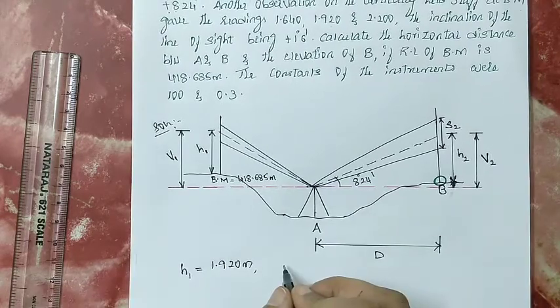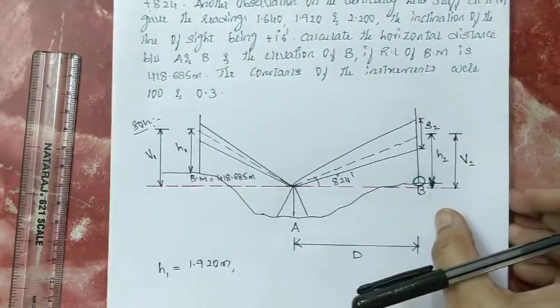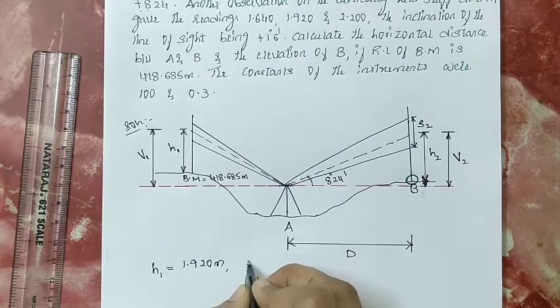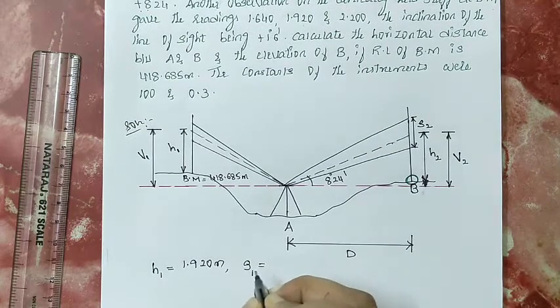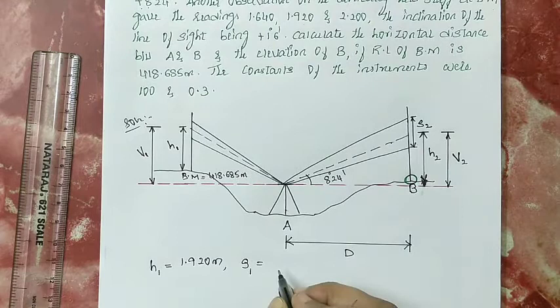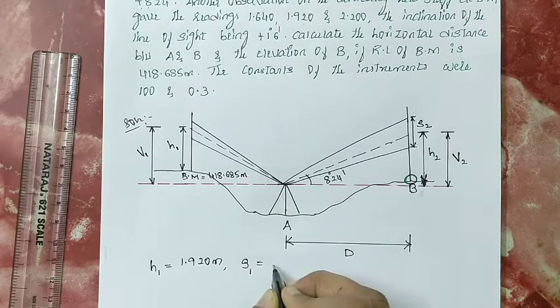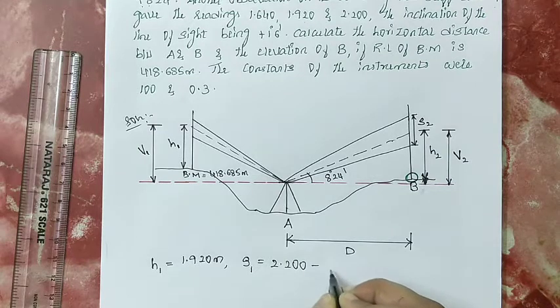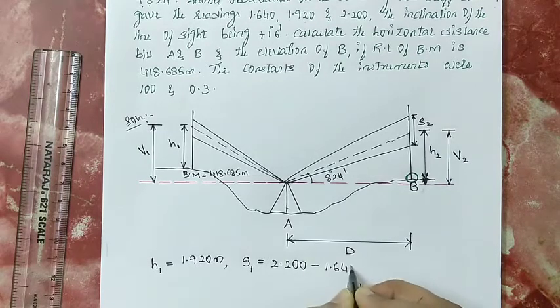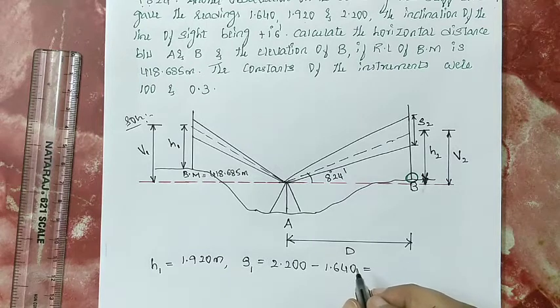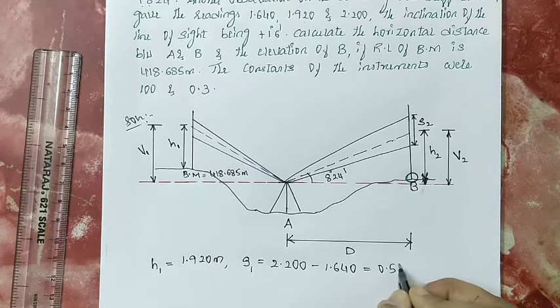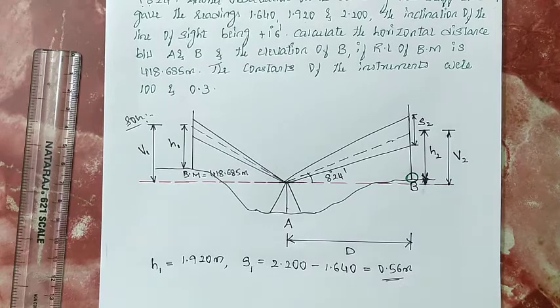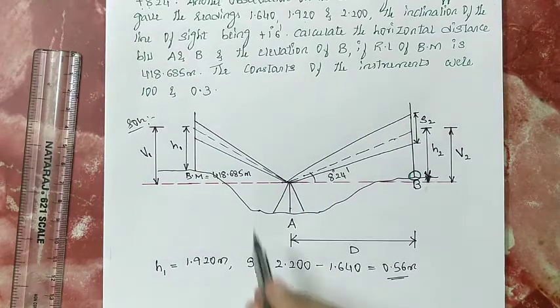Then you calculate the staff intercept, that is S1. It is the difference of upper and lower, the higher value subtracted: 2.200 minus 1.640. Upon simplification you will get S1 as 0.56 meter. That is the staff intercept.